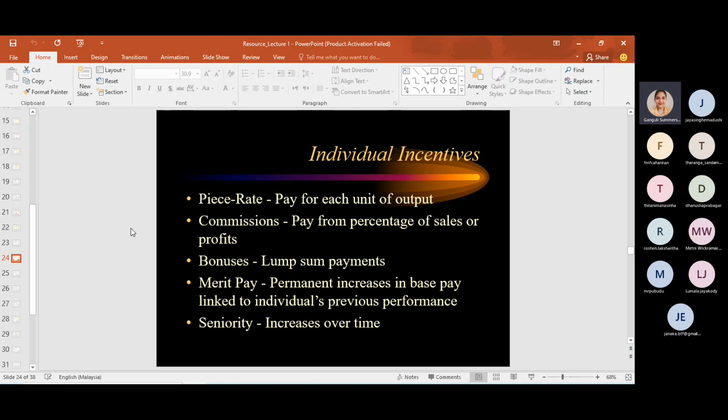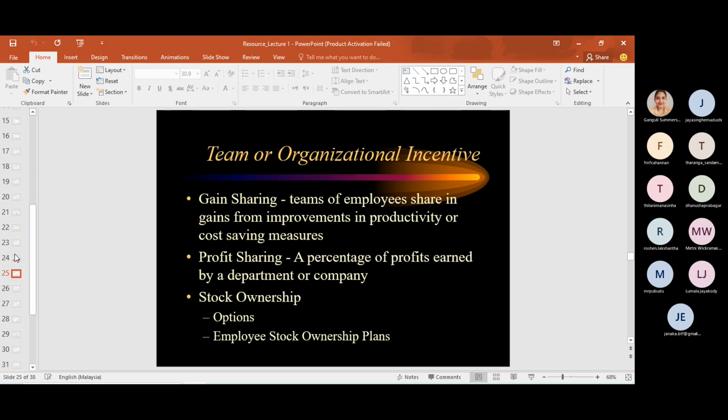Seniority means your pay increases over time. When you get senior, your pay also increases over time. So those are the types of individual incentives.